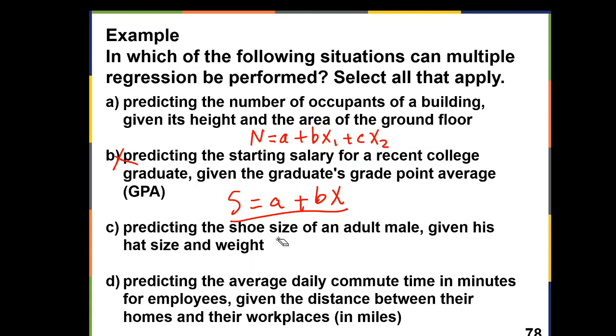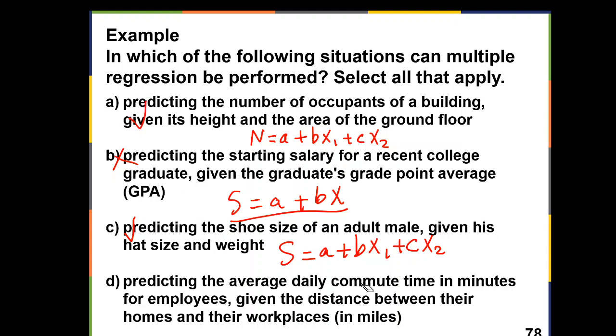What about predicting the shoe size of an adult male given his hat size and weight? Yes. x1 is the hat size and x2 is the weight. If we have the hat size and the weight of the person, we can predict the shoe size. So A is good, C is good.